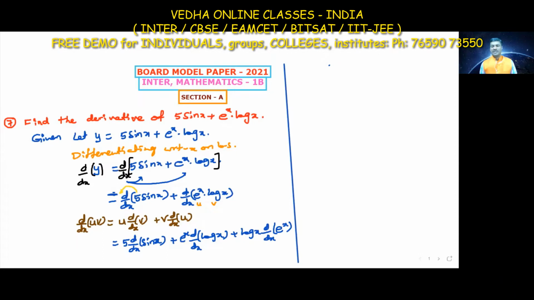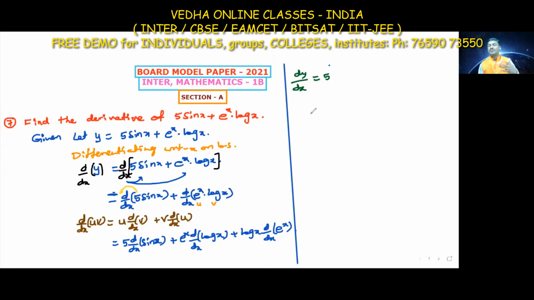After this, dy by dx is equal to 5 as it is, I wrote outside.